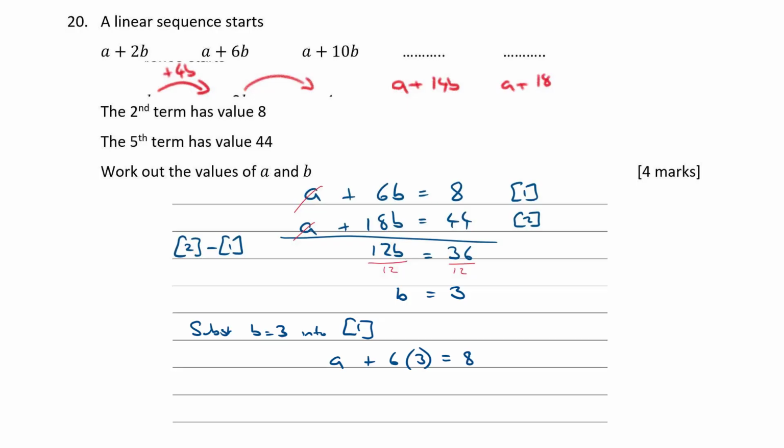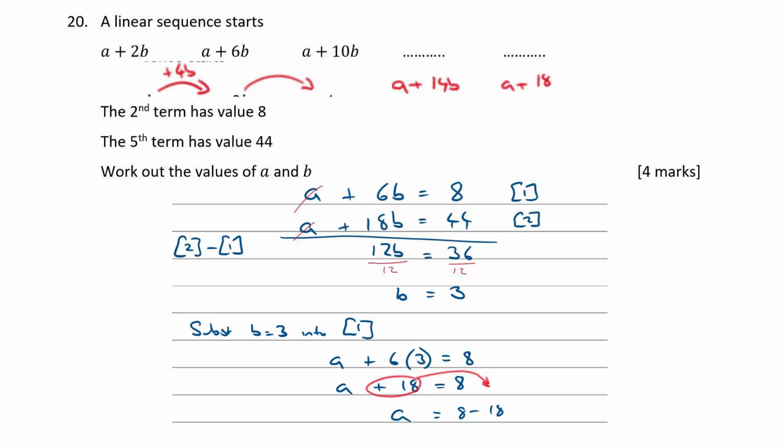Well, 6 threes is 18. A plus 18 is 8. Change sides, or subtract 18 from both sides, whichever way you want to think about it. A is going to be 8 subtract 18, which is negative 10, isn't it?